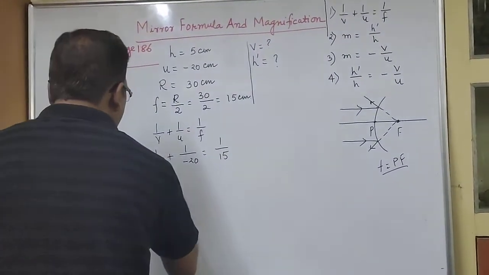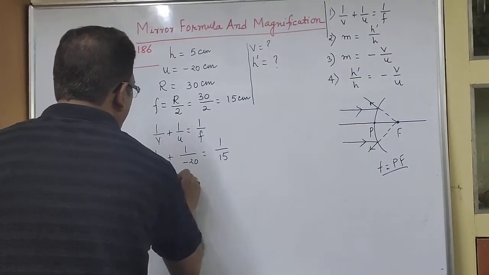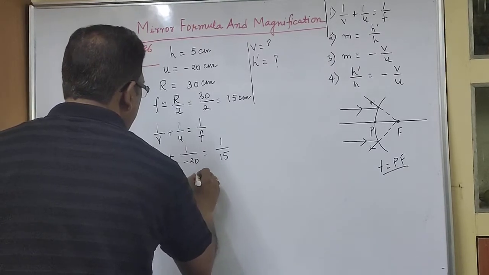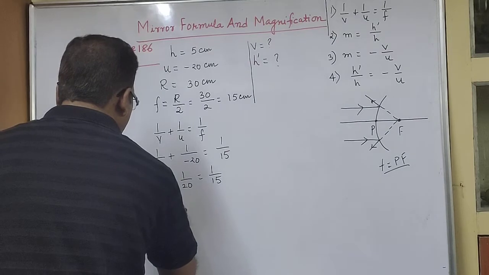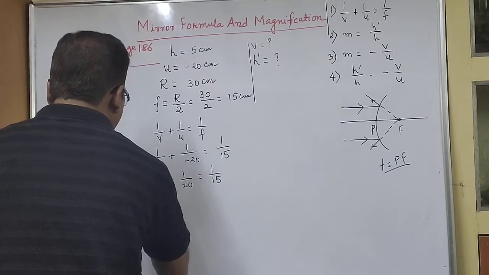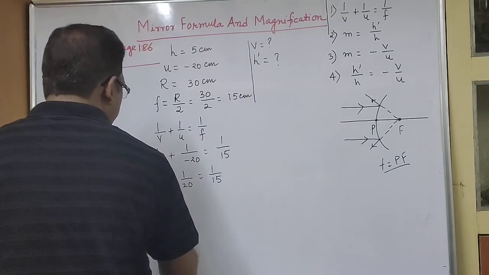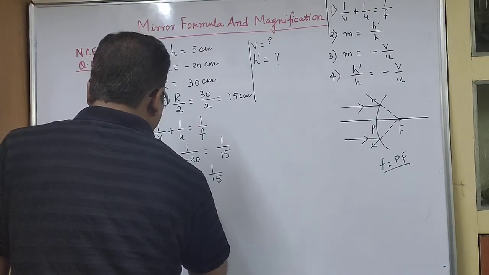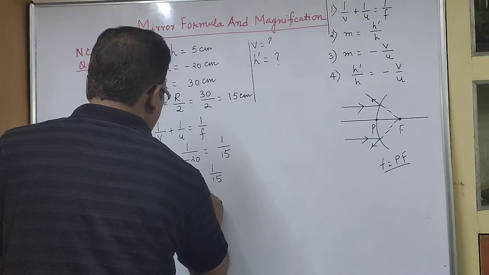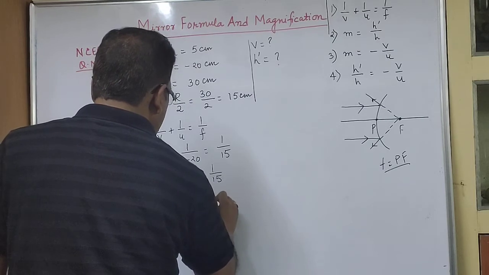Or we can write 1 by v minus 1 by 20 is equal to 1 by 15. Or 1 by v is equal to 1 by 15, and this term goes to this side, so it will be plus.